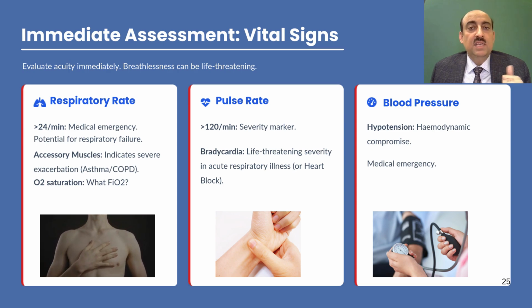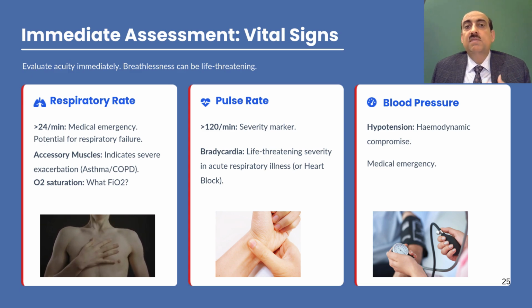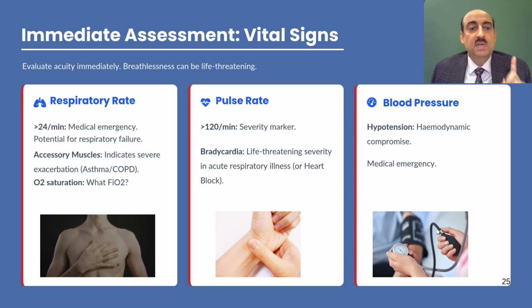So tachypnea is one of the first signs which should alert, even before hemodynamic instability or hypoxia or anything else. In fact, tachypnea will be one of the first triggers even in hypoxemia, because it will try and increase the oxygenation. So the patient may still not be hypoxic at that point. So tachypnea, please remember.